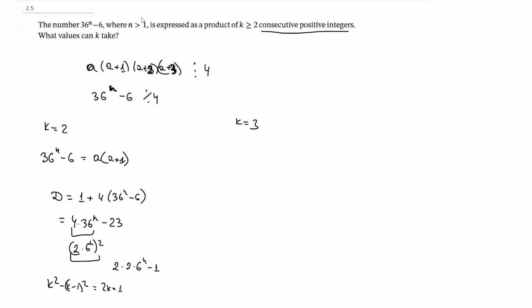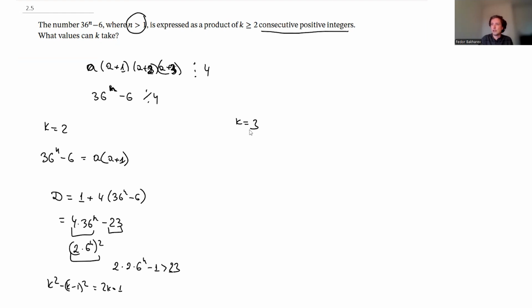And if n is big, greater than 1, then we get that this is much more than 23. So it's not enough to subtract 23 here to reach the previous perfect square. And this is the reason why this case is not possible. So the discriminant cannot be a perfect square in this case.